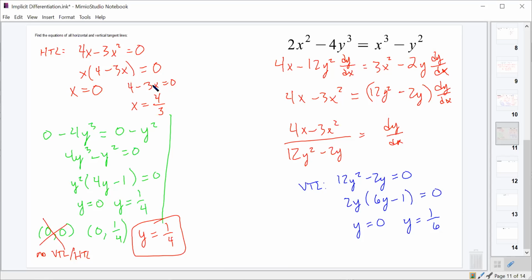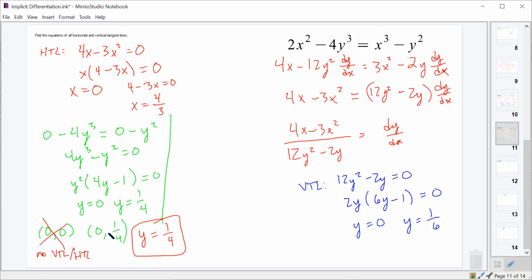Well, there's more also. We're also going to use x equals 4/3. These are the possible x values at which we might have horizontal tangent lines. So we've done it for x equals 0 and got 0, 0 as one point and 0, 1/4 as another point. But we still have to do the 4/3.